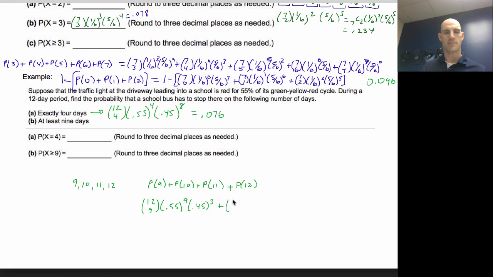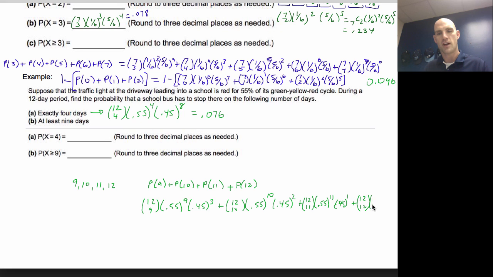So I'm going to add to that 12 choose 10, 0.55, and notice up here I did 1/6. Down here I can use this 0.55 because probability can be expressed as a percent or as a decimal. And this would be 10, and this would be 0.45 to the 2nd power, plus 12 choose 11 times 0.55 to the 11th, 0.45 in parentheses to the 1st, plus 12 choose 12.